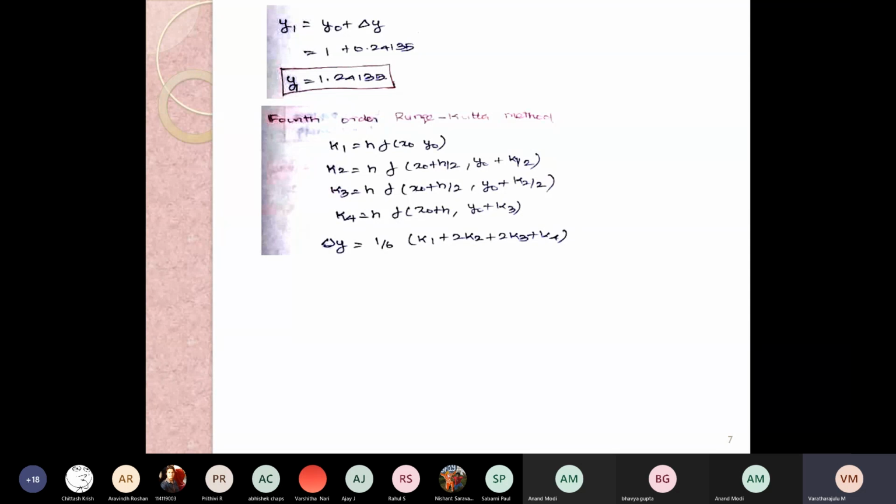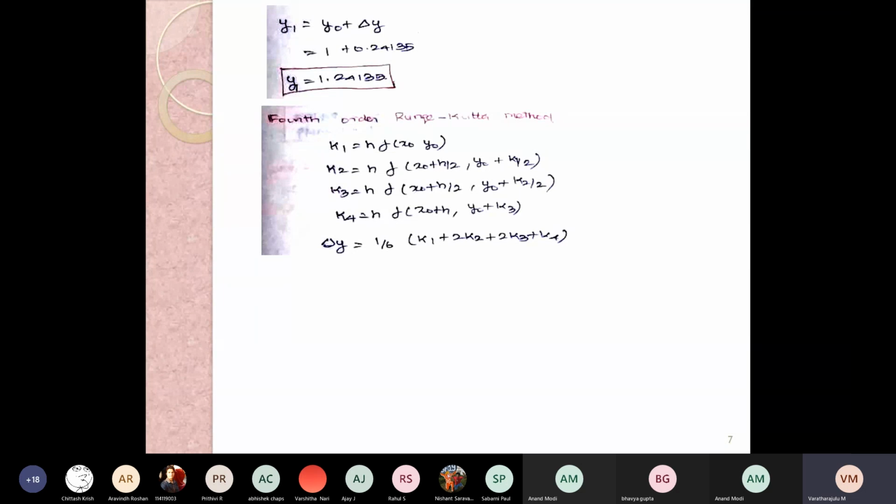K1 we have already calculated, that is 0.2, and K2 is also already calculated, 0.2365. In K3 we have a different formula in third order and fourth order. Don't take the K3 which was calculated in the third order.